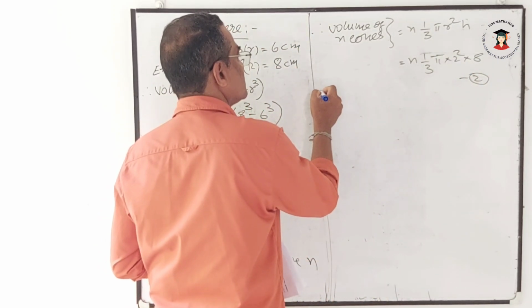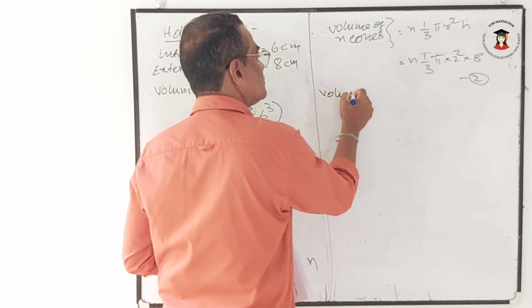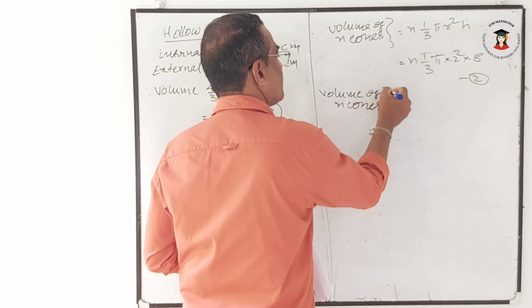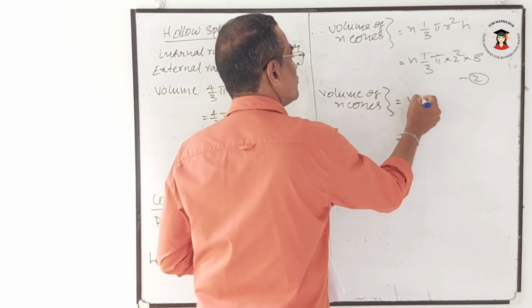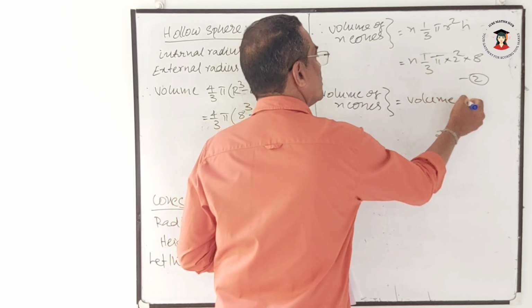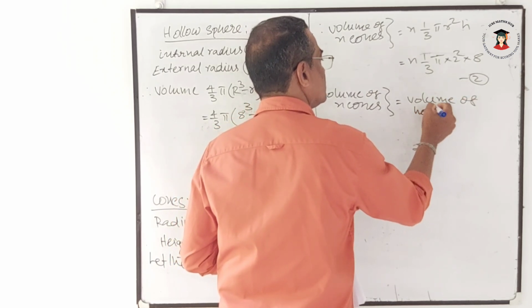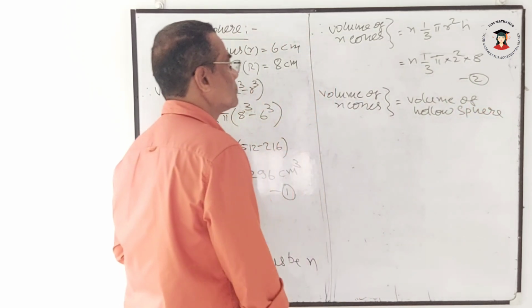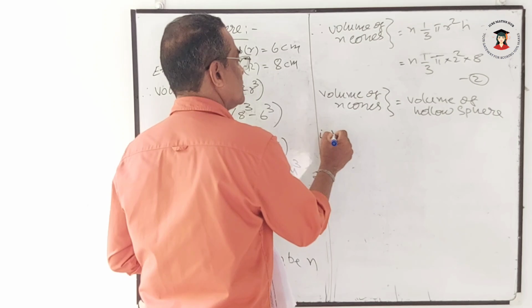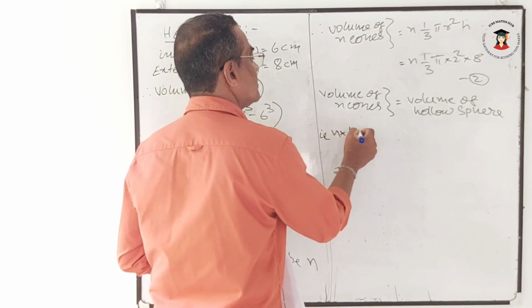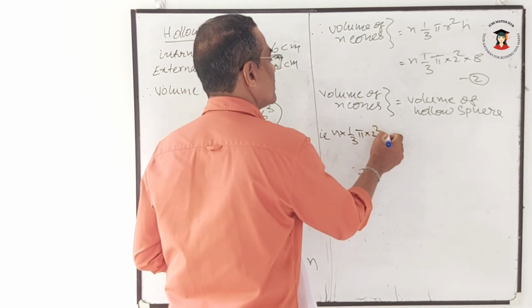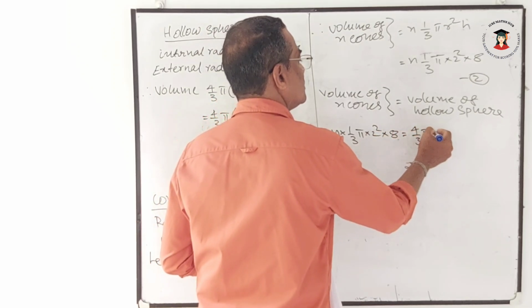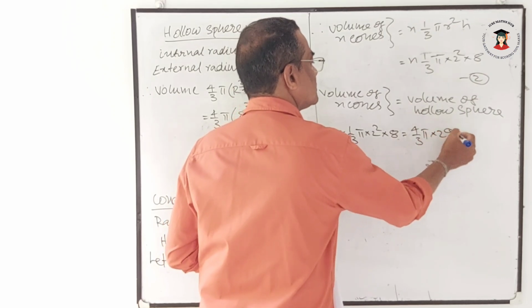Next, volume of n cones equal to volume of hollow sphere. That is n into 1 by 3 pi into 2 square into 8 equal to 4 by 3 pi into 296.